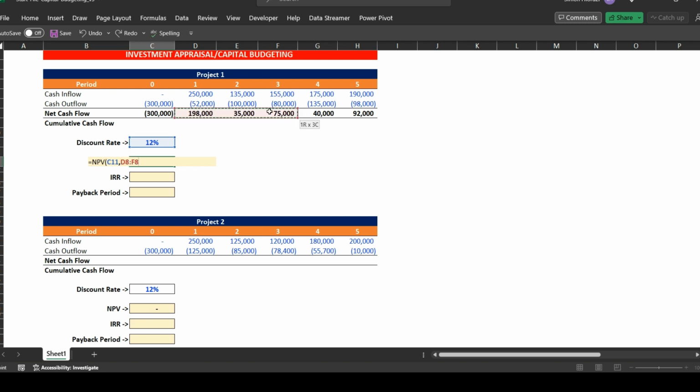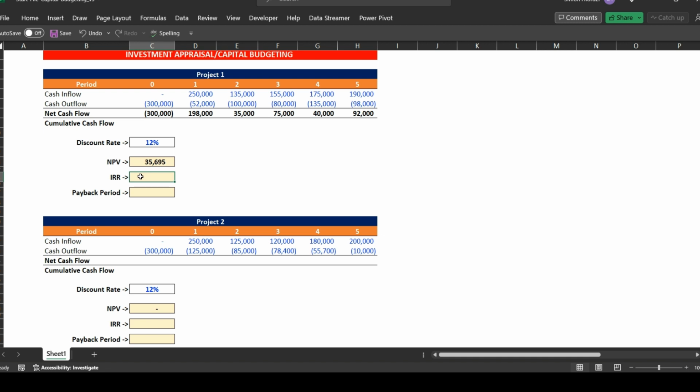So we're going to highlight all this so the system will discount it and at the same time sum them as well. Then we close the bracket, plus we add the amount in year 0. Let's hit enter. It gives us this amount here.